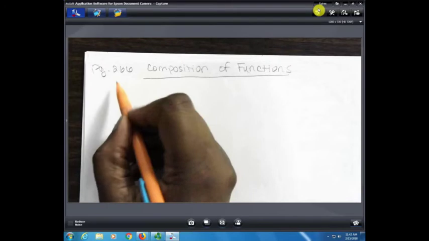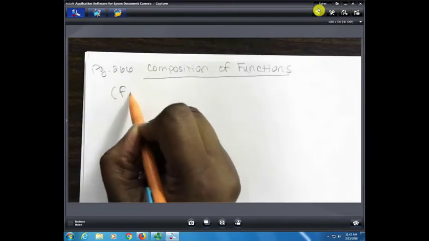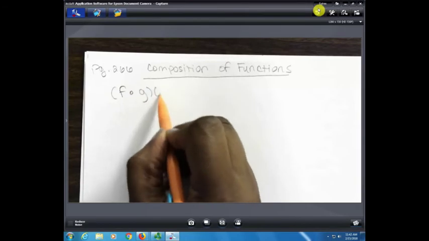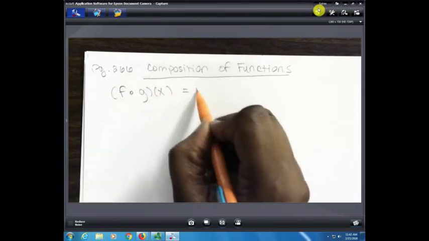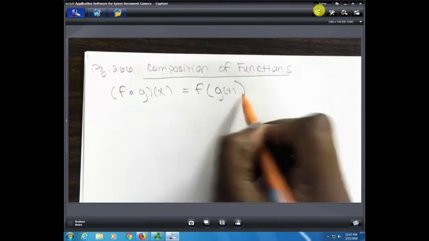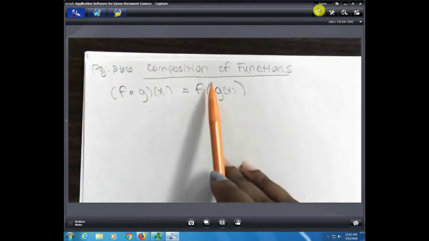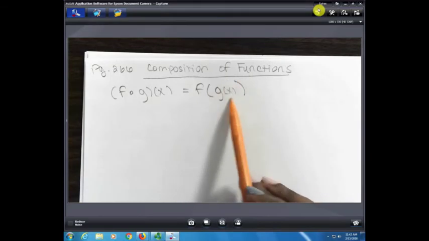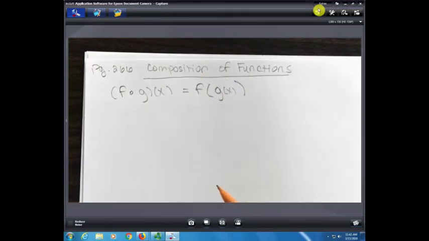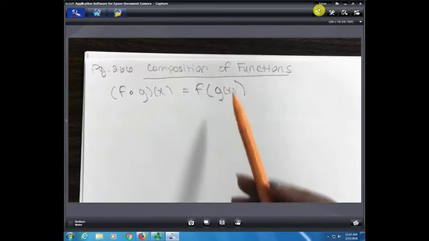Your composition of functions, they usually write it either f with this open circle g of x, or they write it like this, where you have some function that is composed of another function, hence the word composition.